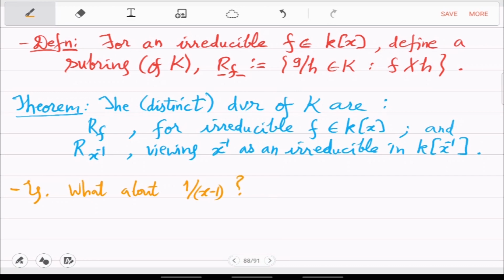If instead of the valuation with respect to x inverse, can we do this for any f, invert it? The valuation seems to be defined, but will it work?